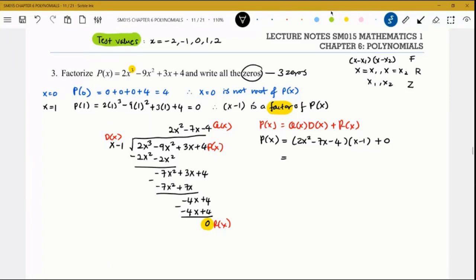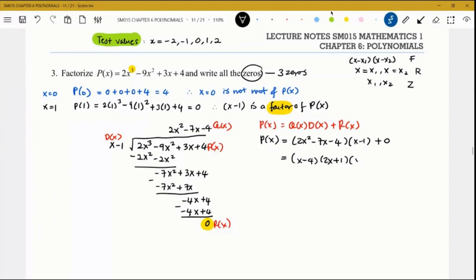Can we factorize this one? Can we factorize into two brackets? 2x squared minus 7x minus 4. What do we factorize into? (x minus 4)(2x plus 1).